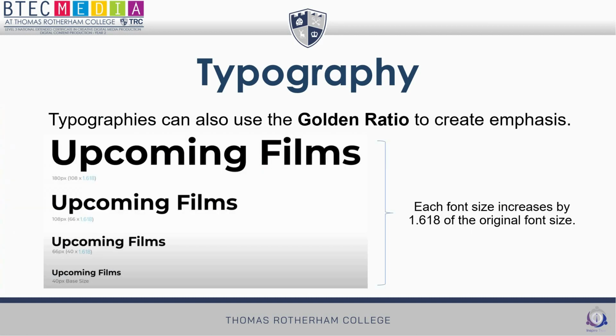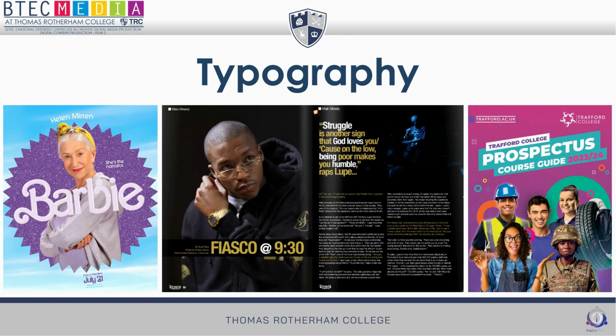So, size is a pretty easy concept to get your head around at first. The idea is the bigger the text, which we've already looked at for emphasis, the more important the piece of text is. Hence why titles or cover lines or headlines are usually the most important piece of text on the design.